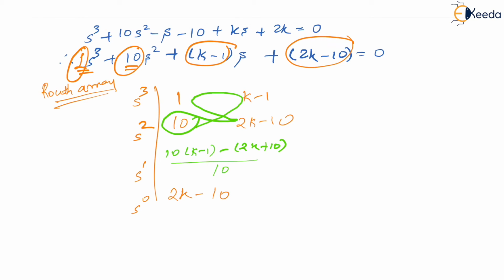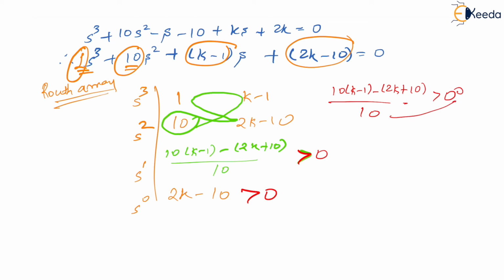If the system has to be stable, this has to be greater than 0 and this has to be greater than 0. So (10(k − 1) − (2k − 10))/10 should be greater than 0.